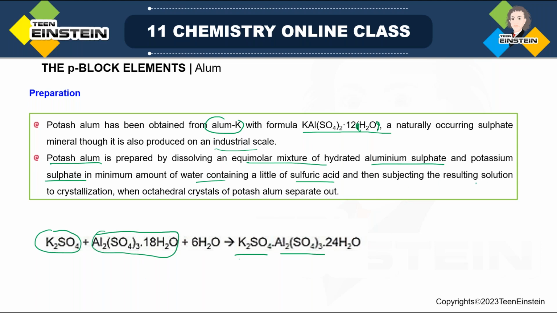Then subjecting the resulting solution to crystallization, we finally get octahedral crystals of potash alum. The reaction is very simple. There is no change happening, you only have to put some dot signs. And this 18 water and 6 water together we have written as 24 water molecules. So this is the preparation method.